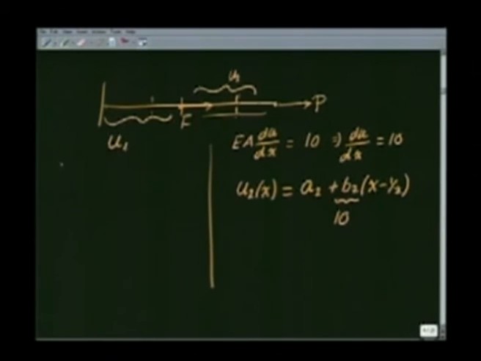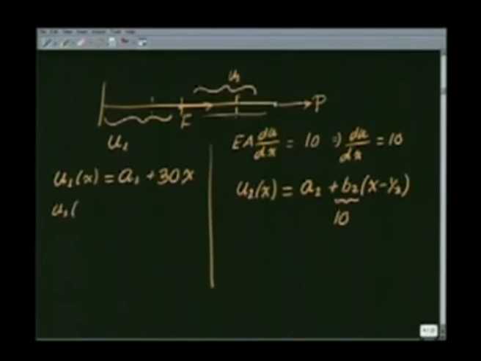So u1 of x will be such that I will get the slope equal to what? Slope will be equal to F plus P, which is 10 plus 20, which is 30. So u1, if I impose the condition at 0 is equal to 0, a1 is 0. So u1 will be equal to, as a function of x, 30x. Now we have to obtain a2.